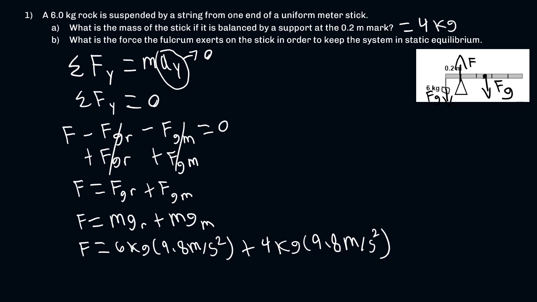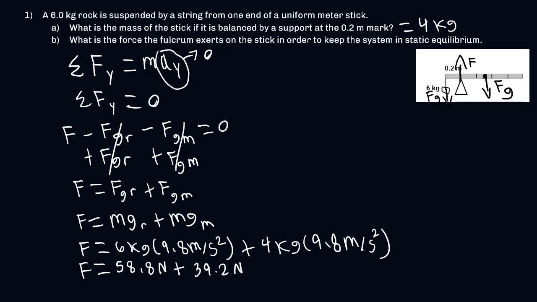So let's now plug this into our calculator. We should get our force here. F is equal to 6 kilograms times 9.8, that is going to be 58.8 newtons, plus 4 times 9.8, that is going to be 39.2 newtons. And then all you've got to do is add those two values together, and you should end up with your force upwards.